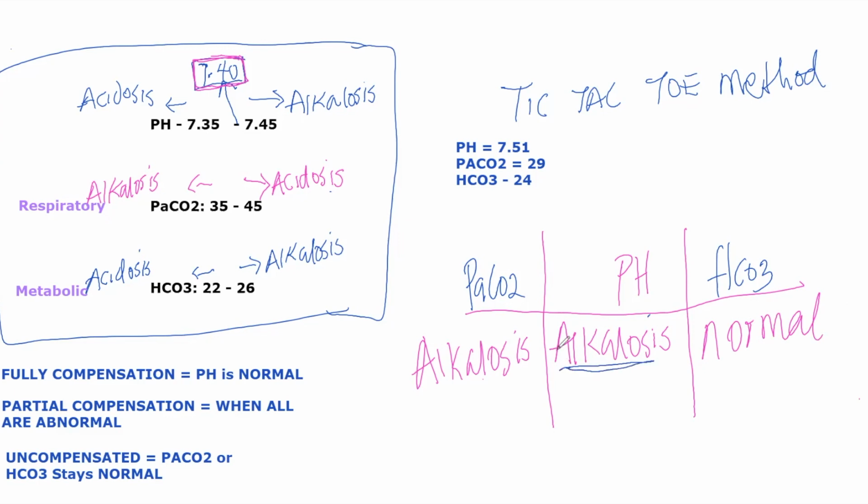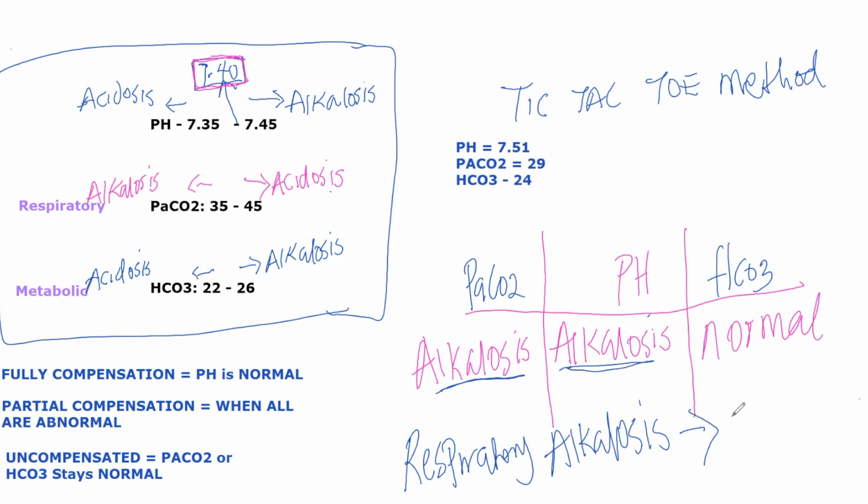The one that matches my pH is my respiratory once again. So yes, I have another respiratory alkalosis situation. But what kind of compensation do I have going on? Because my HCO3 remained normal, it did not budge and try to help us compensate, we have an uncompensated respiratory alkalosis.